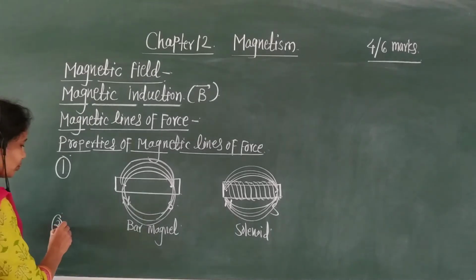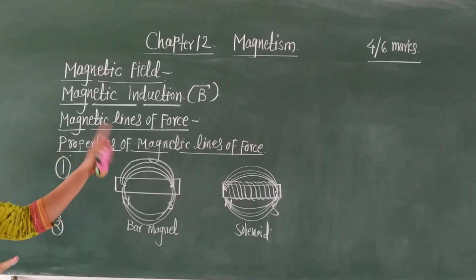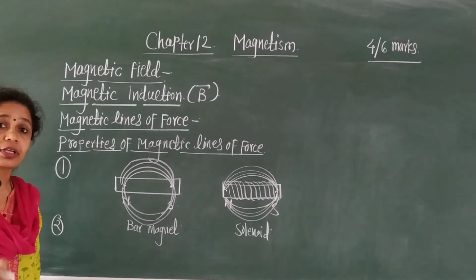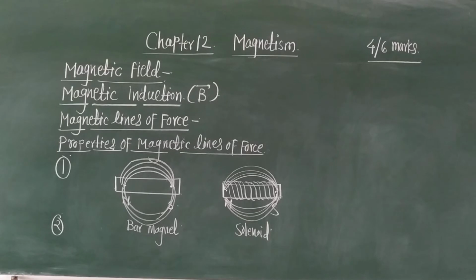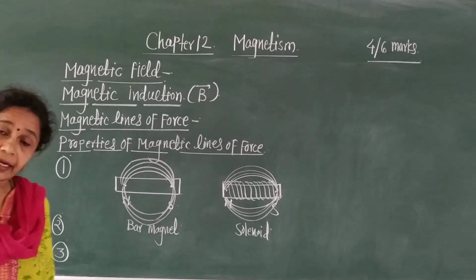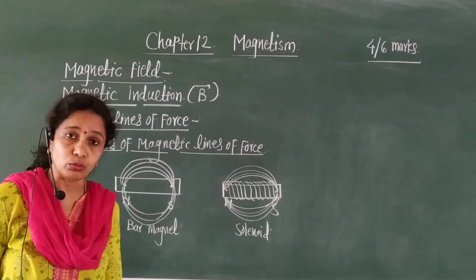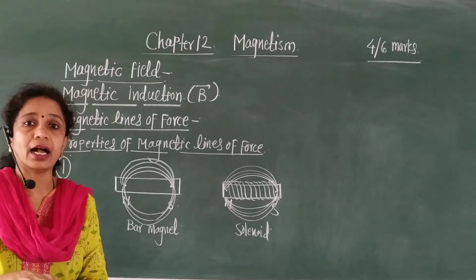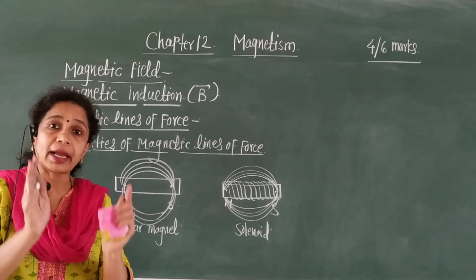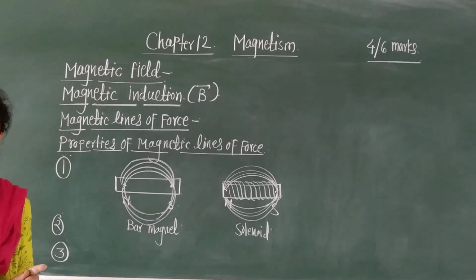Okay, therefore second one is no two magnetic lines of force intersect with each other. Then third one, the number of magnetic lines of force passing through unit area gives the magnitude of magnetic field.